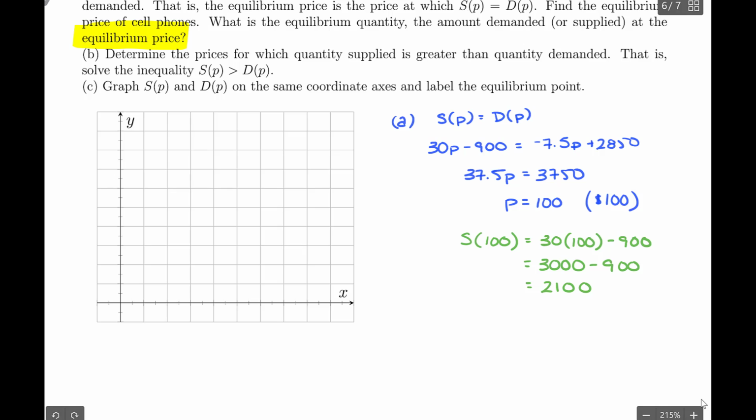Part B says to determine the prices for which the quantity supplied is greater than the quantity demanded, which means we want to find the inequality S of P is greater than D of P. So for part B, it's S of P is greater than D of P. And in that case, we have 30P minus 900 is greater than negative 7.5P plus 2850.